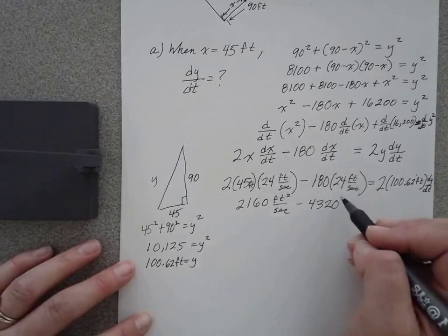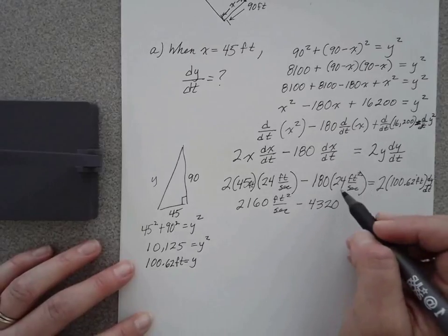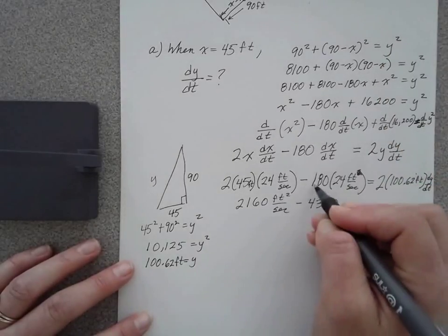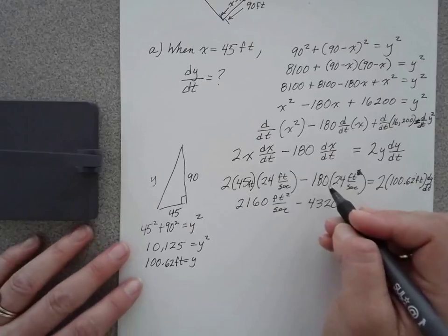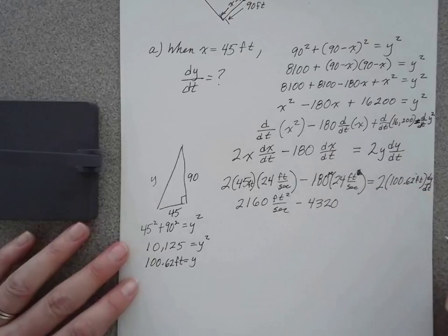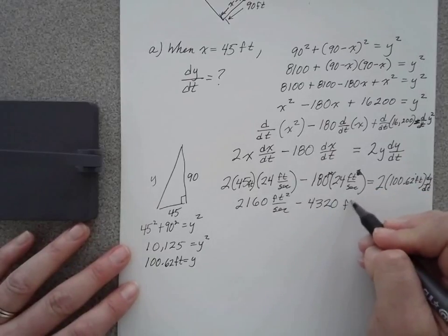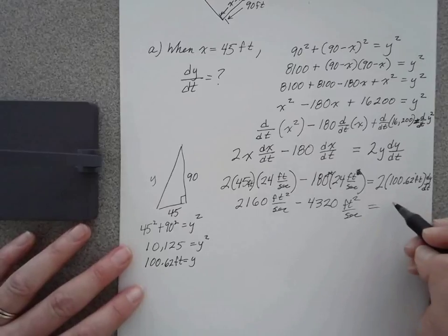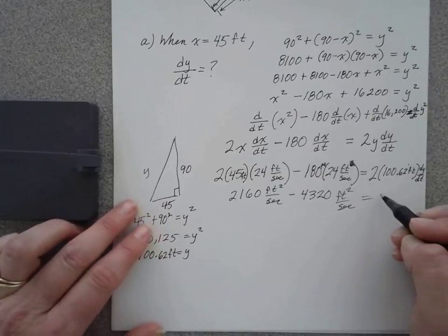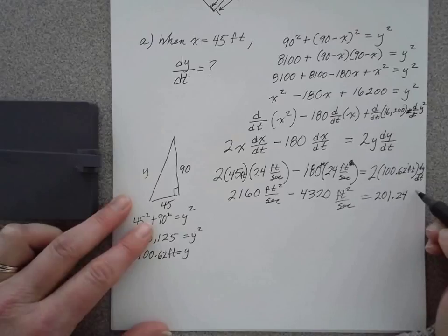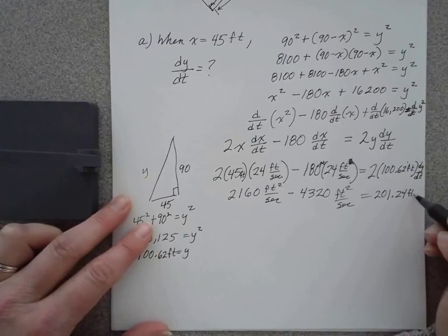Yes. It's 24 feet per second. That's 180. Is that feet? Okay. All right, so feet squared per second, and then equals 2 times 100.62, that's 201.24, times 24 in feet, and then that's dy dt.